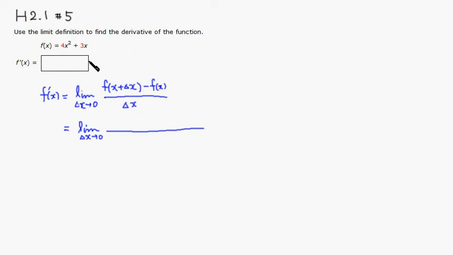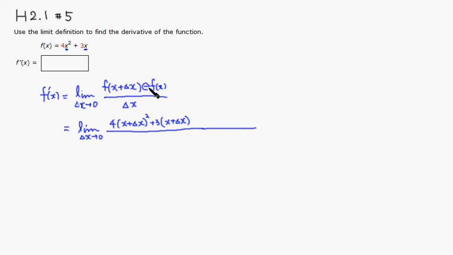So we plug in, every time we see x, we plug in x plus delta x. So it's going to be 4 times (x plus delta x) squared plus 3 times (x plus delta x). So that's f of x plus delta x.